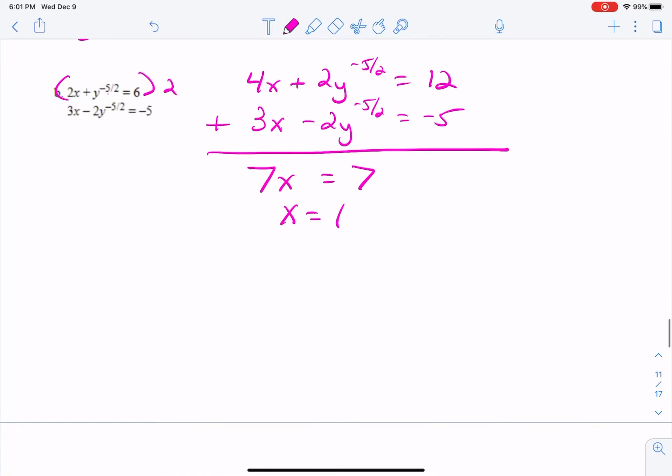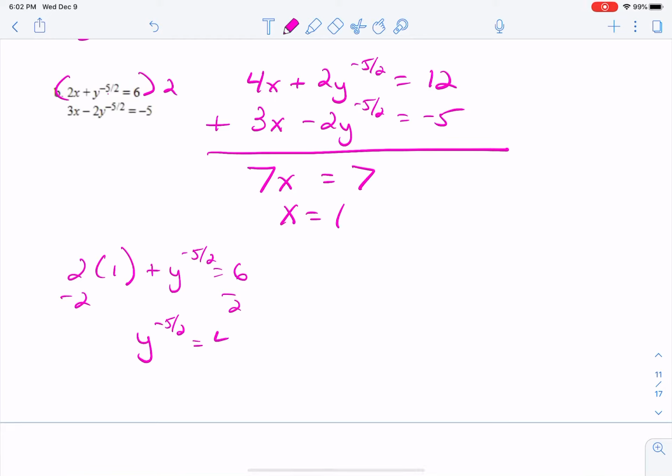So if x is equal to 1, I'm going to subtract 2 from each side. So y to the negative 5/2 power is equal to 4.